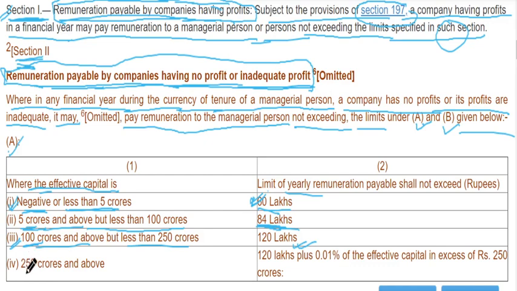Where effective capital is 250 crores or above, the limit of yearly remuneration shall be 120 lakh plus 0.01% of effective capital in excess of 250 crores.